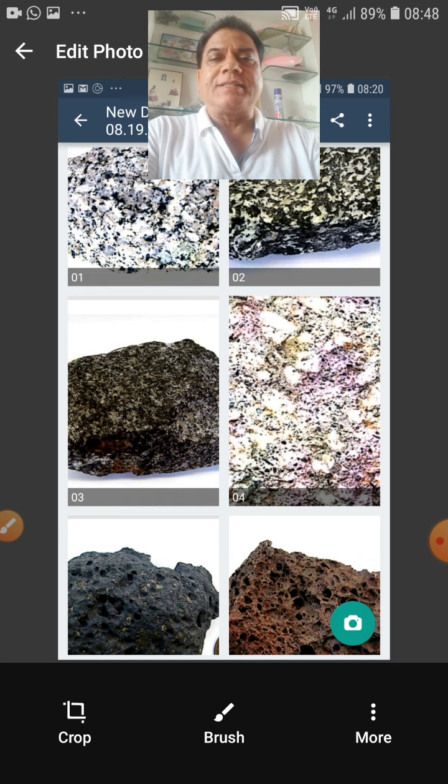Once you bring a sample from the field to the laboratory, by observation with naked eyes we try to identify the different textures and the mineral composition, and ultimately the rock names. So identification of rocks in hand specimen simply means the identification of those samples of rocks which have been brought from the field to the laboratory.